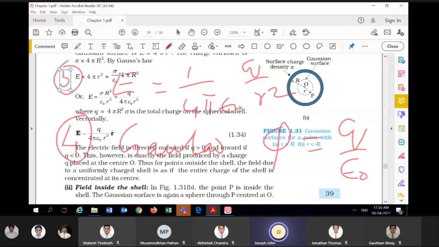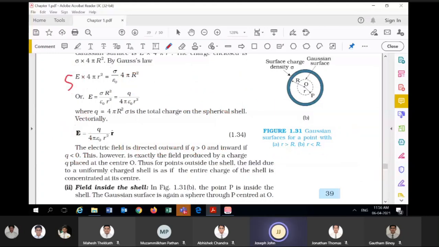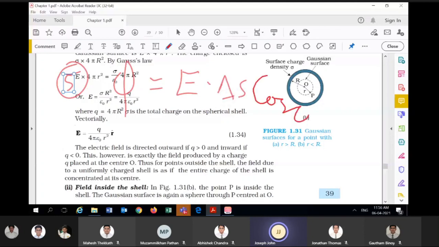Are you writing it, all of you? Fifth formula, I want this formula also: flux is equal to E into delta S into cos theta.